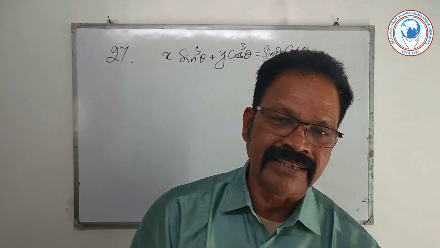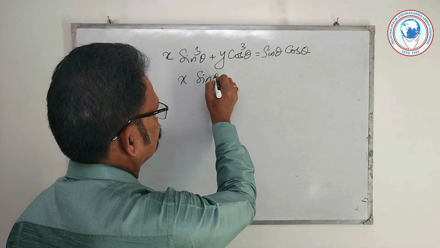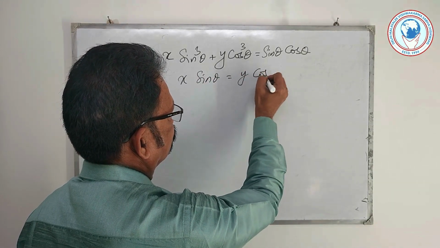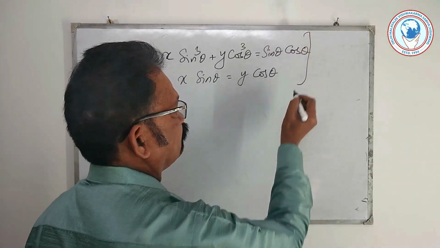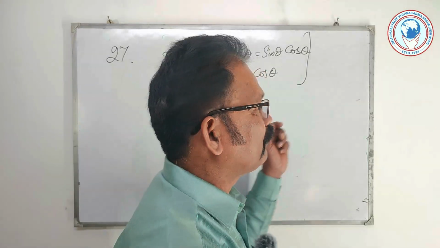And x sine theta is equal to y cos theta. These are given. We have to prove that x square plus y square is equal to 1.